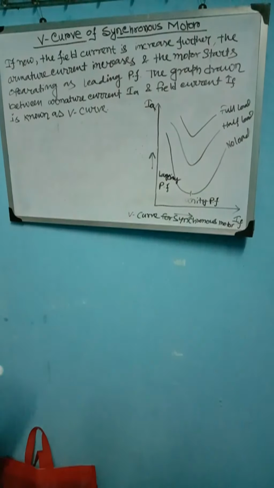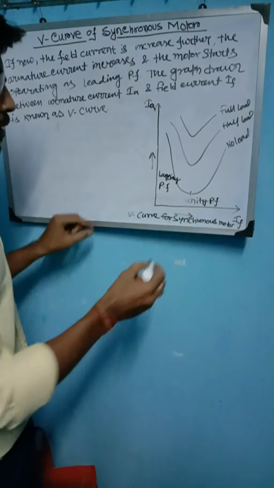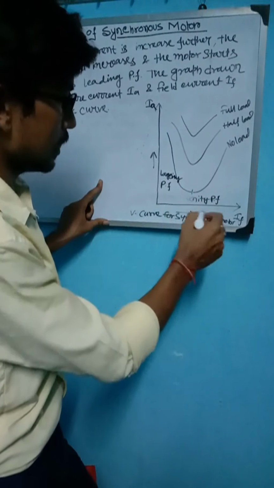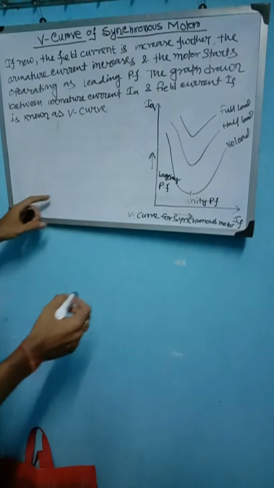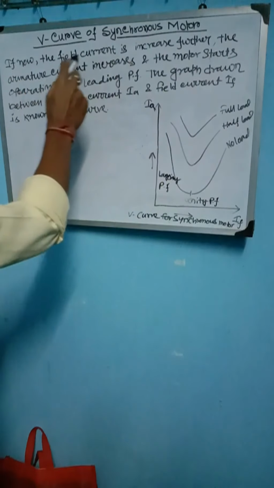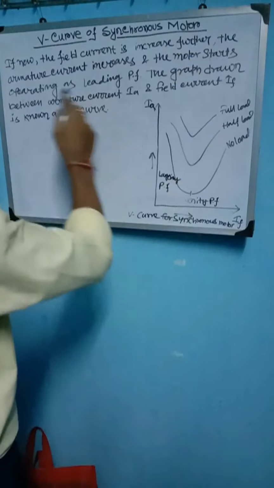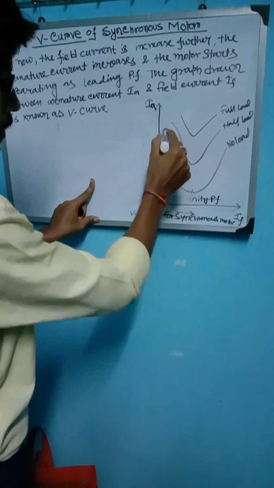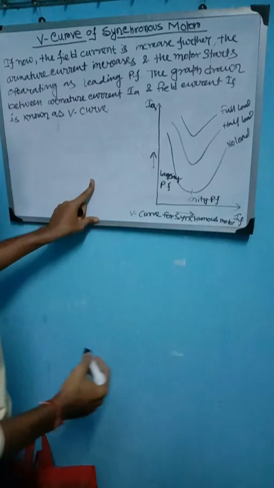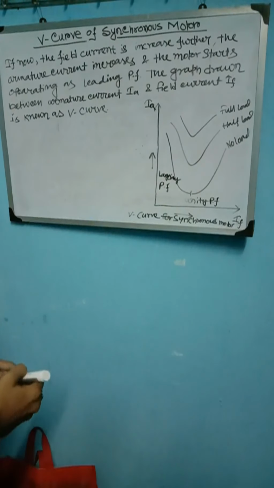After getting the minimum point, if we again increase the field current, then we can see that the armature current IA also increases and the motor starts operating at leading power factor.